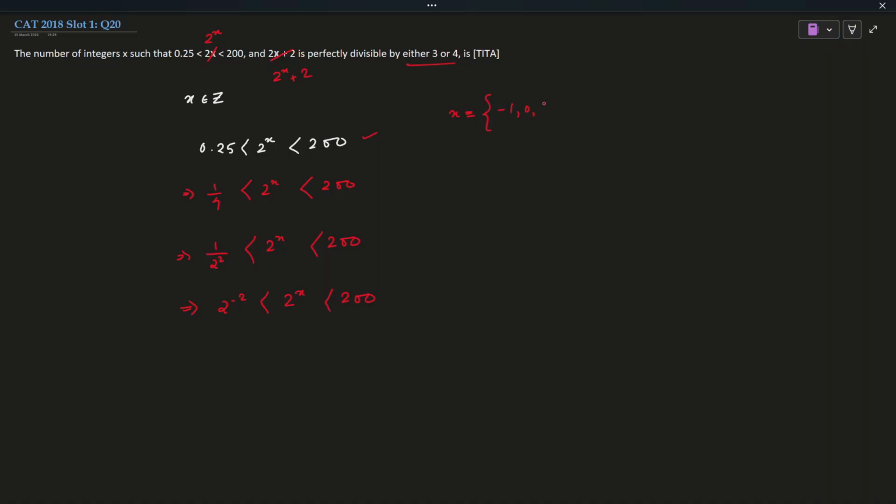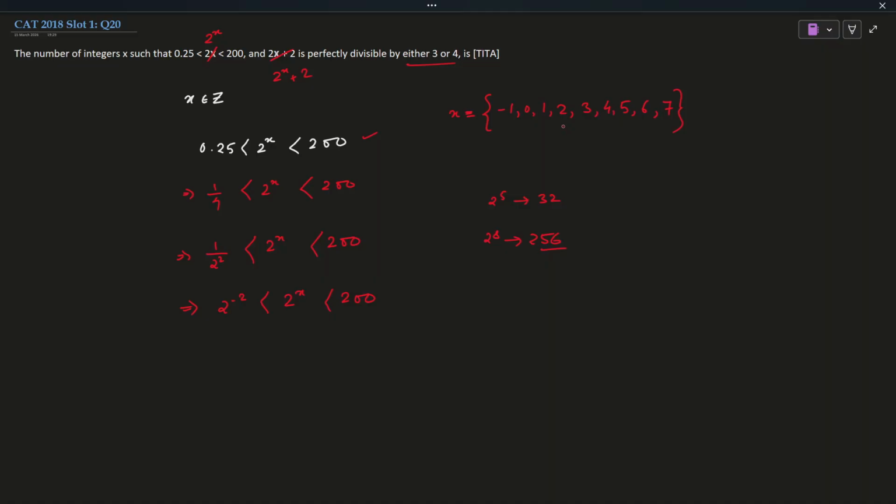Minus 1, 0, 1, 2, 3, 4, 5, 6. 2 to the power of 5 is 32, so 2 to the power of 6 will be 64. 7 will be 128. 2 to the power of 8 will be 256, which is greater than 200. So this will be till 7 only.